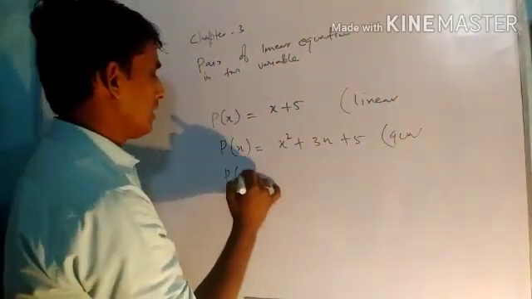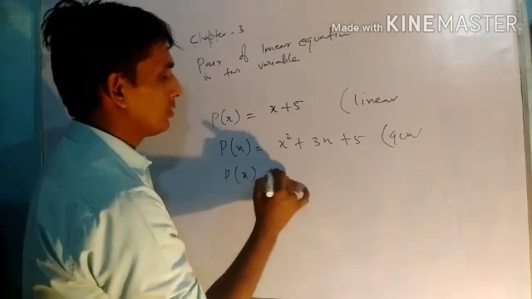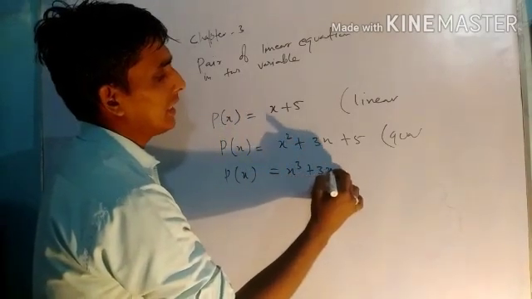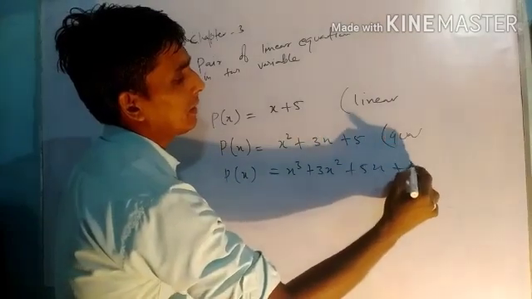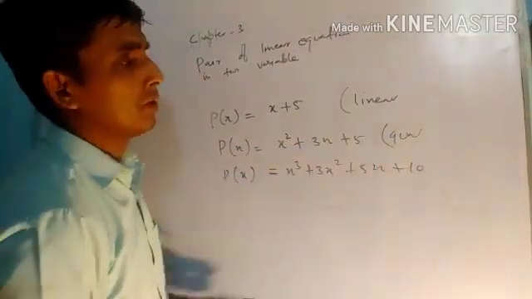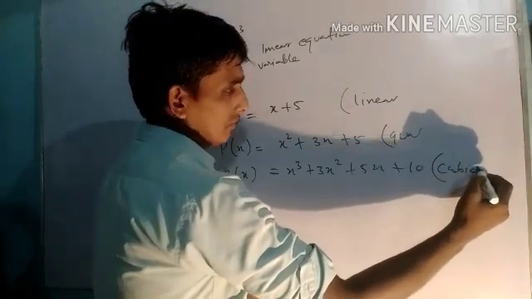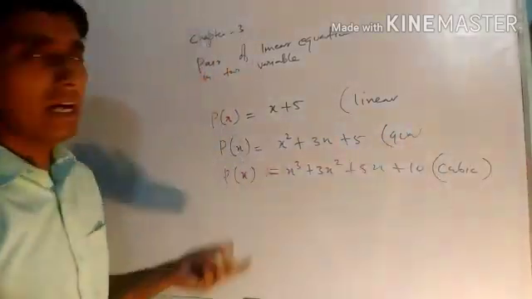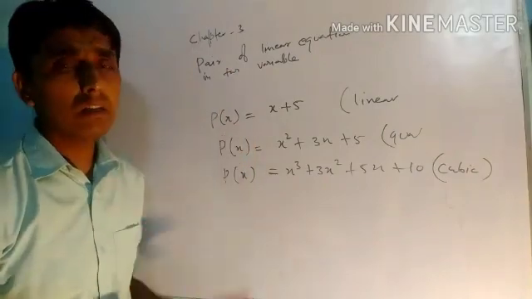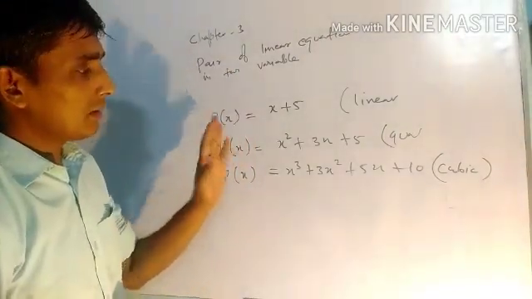Similarly, if I write p(x) = x³ + 3x² + 5x + 10, this is a cubic polynomial. Which type of polynomial is it? Cubic polynomial. But in this chapter we have to study linear equations.